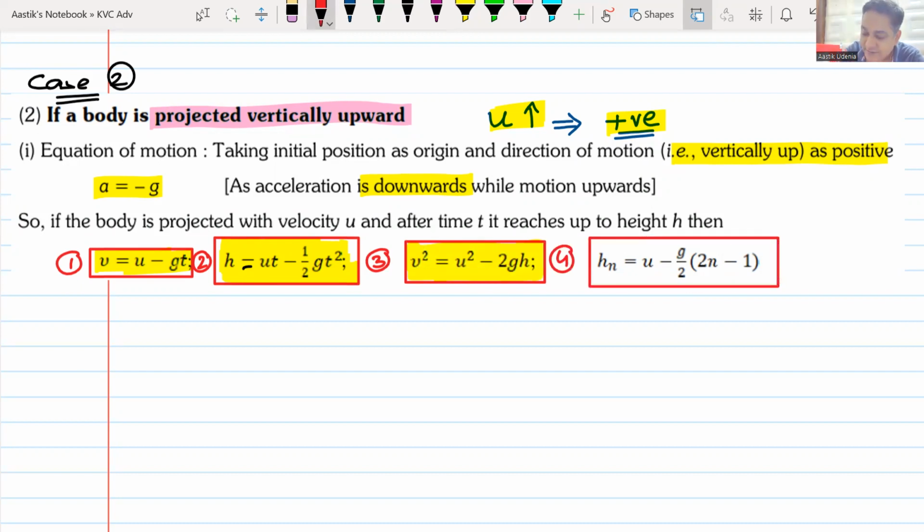When I put the sign, I have not put the value of g. G is put as negative g. Do we understand this? These are the equations if a body is projected vertically upwards from the ground that we are talking about. Anyone understands this? Yes or no?